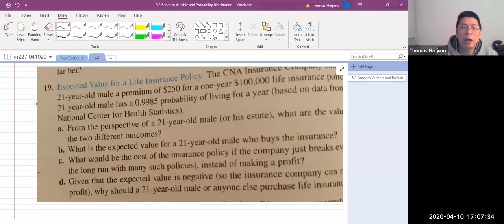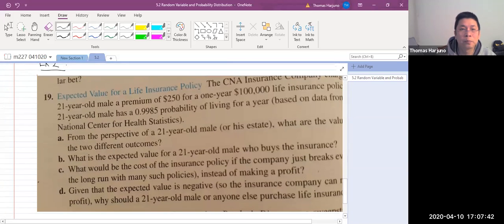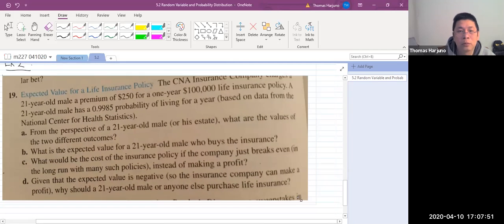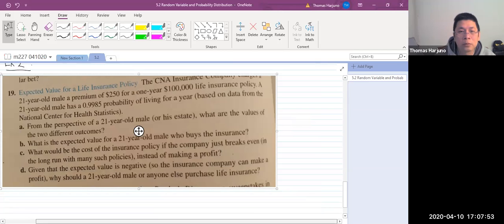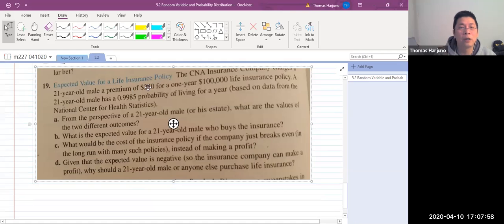The CNA insurance company tried to insure a 21 years old male, and the premium is $250 per year for 100,000 life insurance policy.